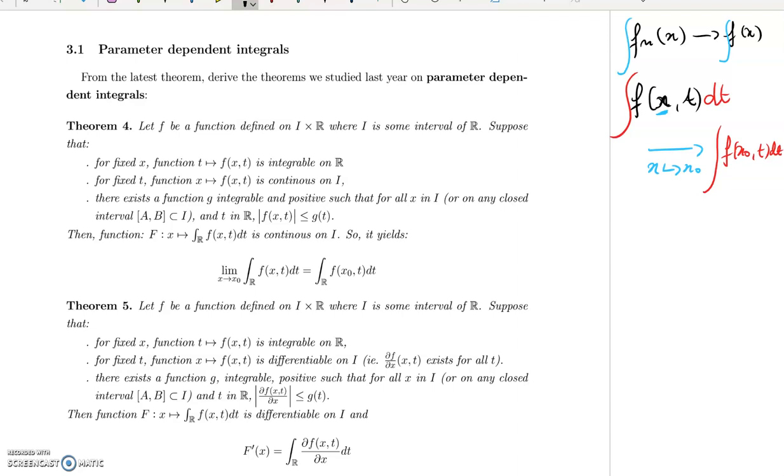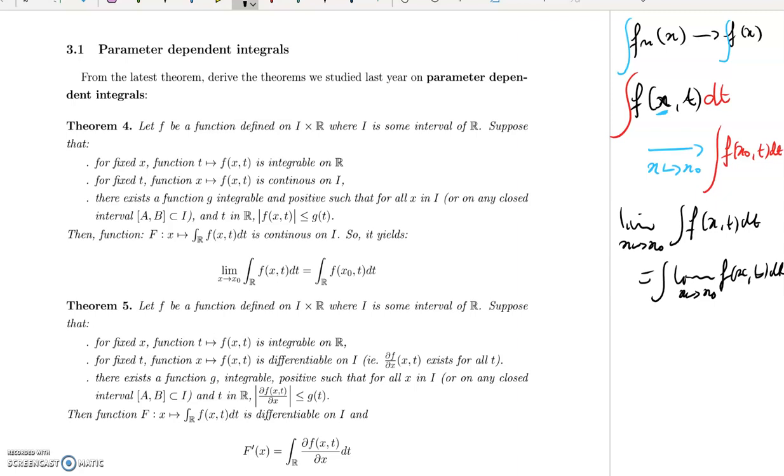This time I want to know if the limit as x tends to x0 of my integral of f of x and t dt is equal to the integral of the limit as x tends to x0 of f of x and t dt. It's completely related to our previous case, except that now instead of a discrete index n, we just have a continuous variable x.